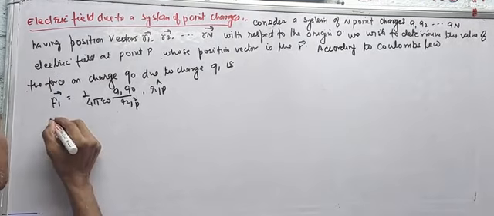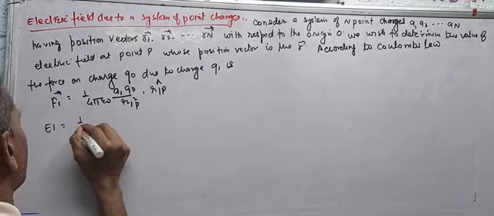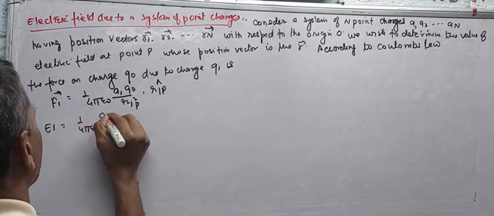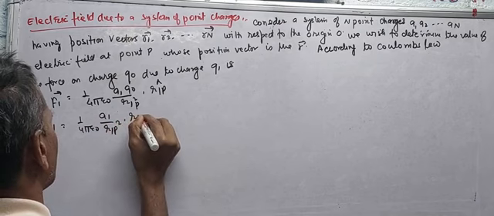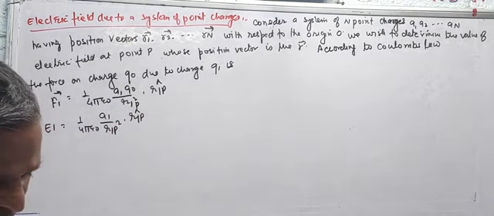Then electric field E1 becomes 1 upon 4 pi epsilon naught, q1 upon r1p vector square into r1p unit cap.